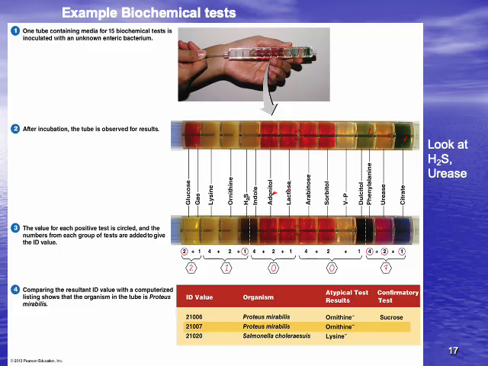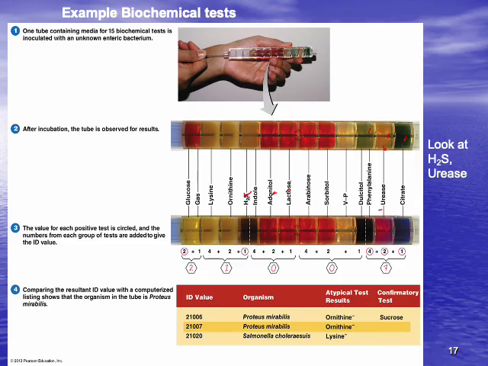Nothing's changed here. They're all no answers. But let's say you look at urease. You'd say, wow, yeah, that's changed. This has a positive yes for urease. So I know it's urease positive. I get H2S. Oh, look, it made H2S. That's a yes, it made H2S.